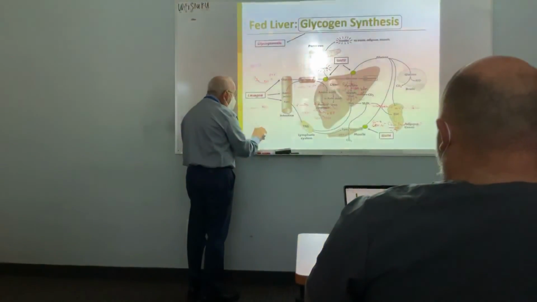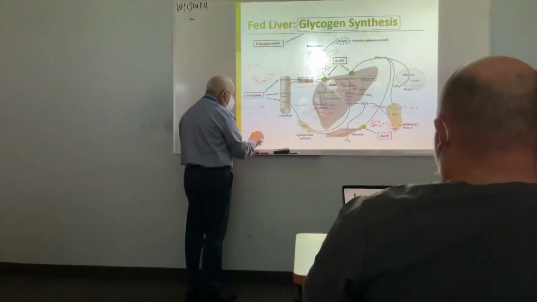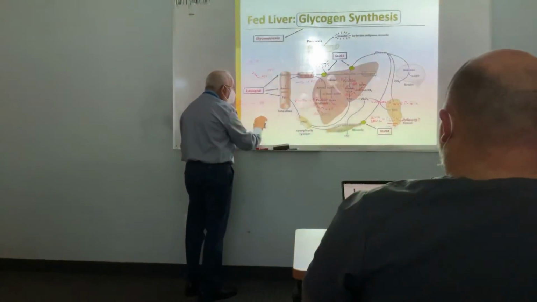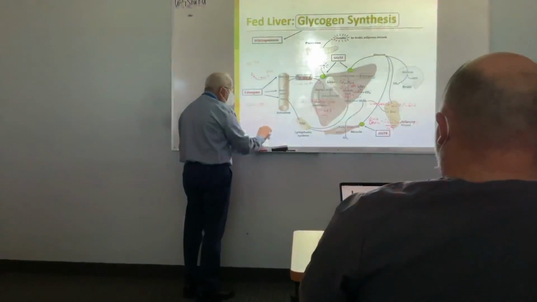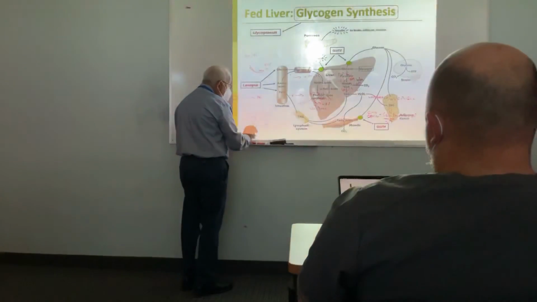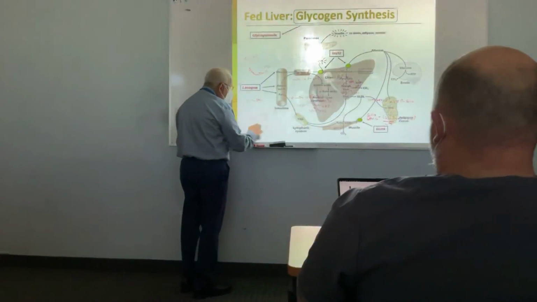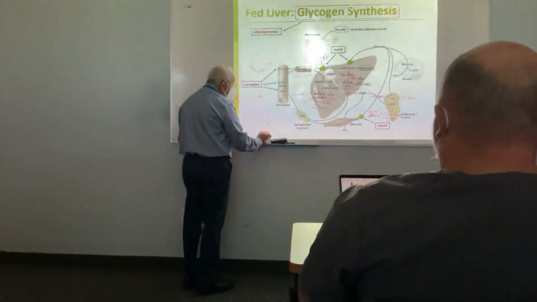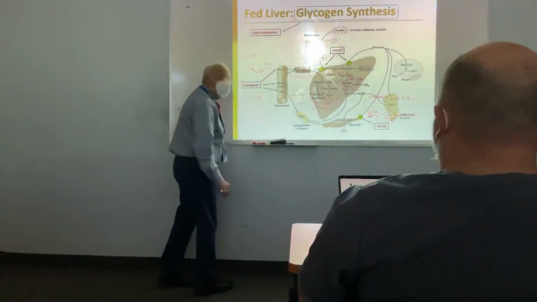It's gonna target the glycogen phosphorylase kinase. The glycogen phosphorylase is gonna be down. You see that? The glycogen phosphorylase is gonna have no phosphate, and it's gonna go down. These are the key enzymes for degradation, so glycogen degradation is gonna be inhibited.